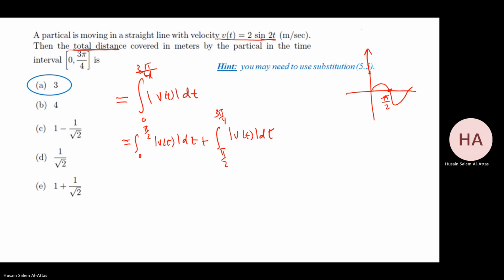So this one will be the integral from 0 to pi over 2, minus 2 dt, from pi over 2 to 3 pi over 2.